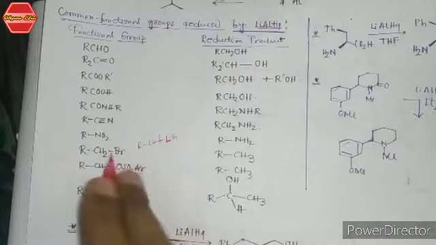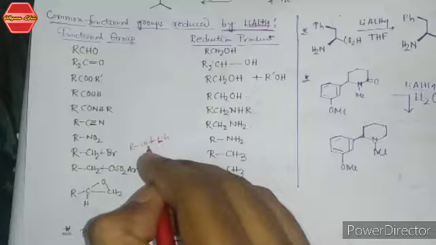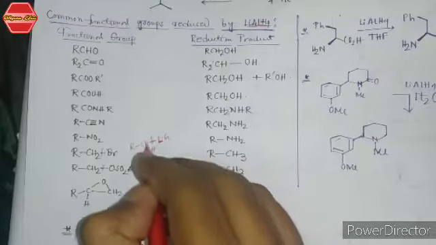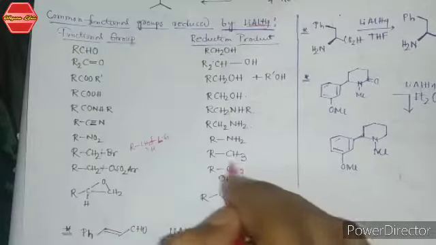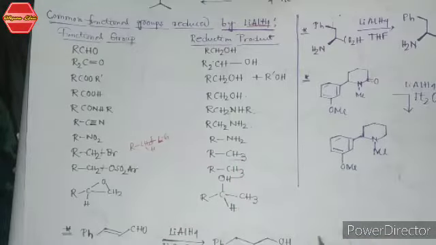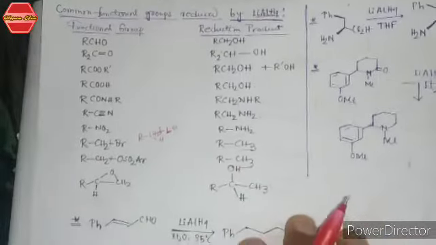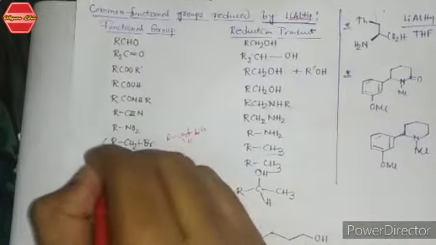These two bonds are also cleaved by lithium aluminium hydride. So after this reduction, the bond is cleaved and it takes a proton over here. So this is your CH3, and here is also your CH3. This is your product. This is very important, these two.